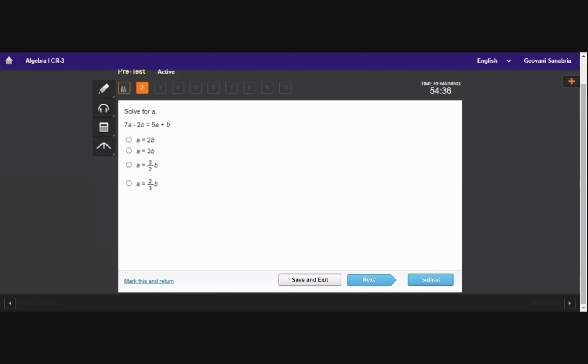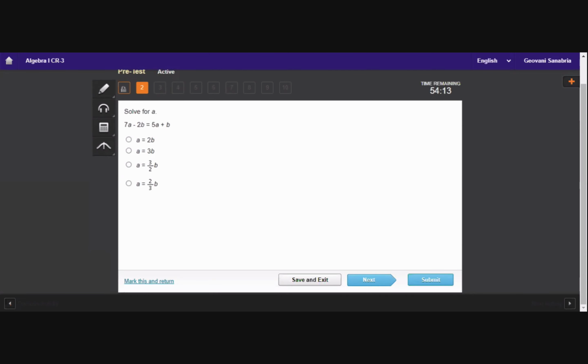But you're trying to get the a by itself. So you do the opposite of 2 times a, which is dividing by 2. To get rid of that 2 in front of the a, you divide both sides by 2, just like when you're solving. Oh, okay.